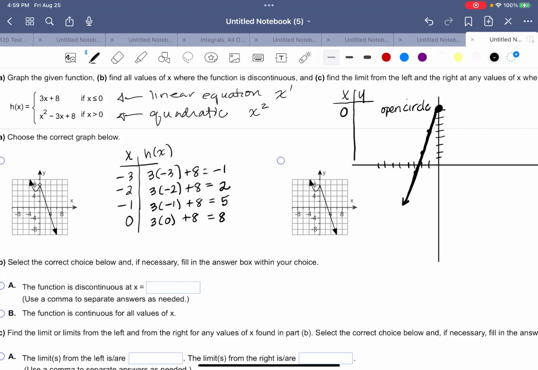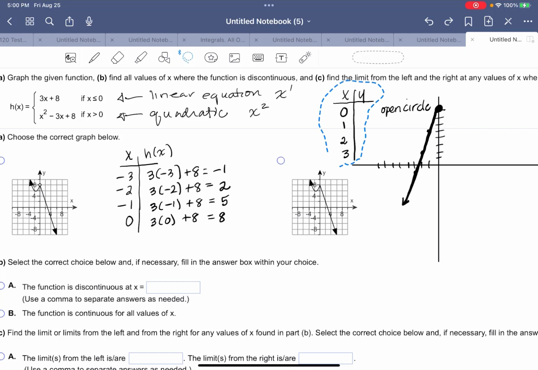So I'll put an open circle at the value at 0, and therefore I know that I'm not including it by putting an open circle. Then I'm going to pick some other values bigger than that, and I just need to do a couple. So I'll go 0, 1, 2, 3.